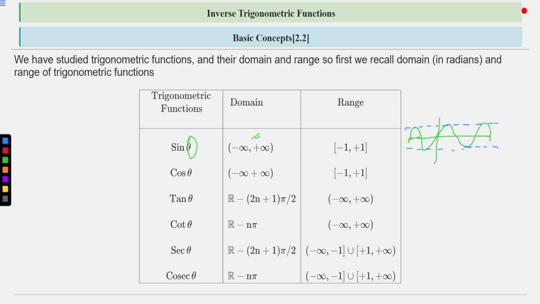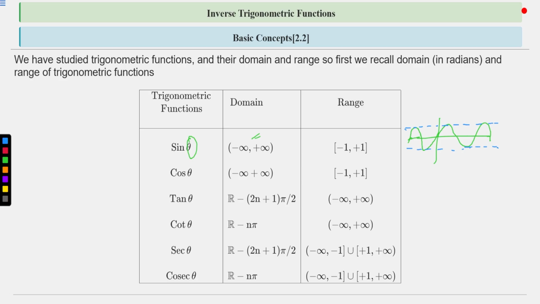Similarly, for the cos theta, again its domain is from minus infinity to infinity. Because again, there is no restriction in putting the value of theta in the function cos theta.